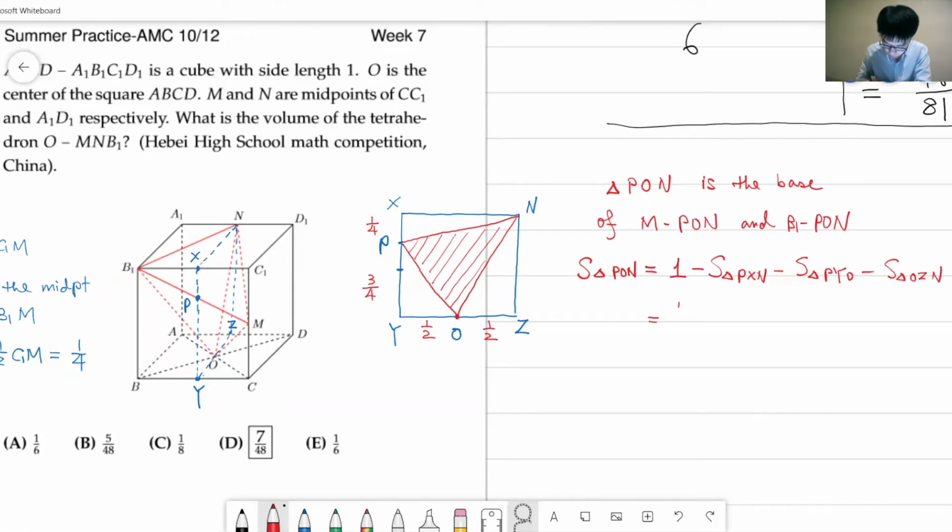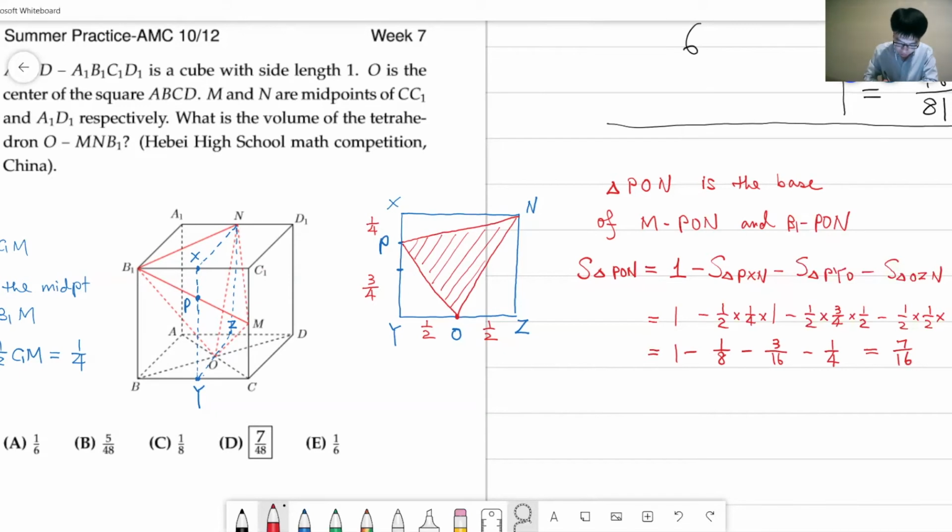PXN's area is 1/2 times 1/4 times 1, PYO is 1/2 times 3/4 times 1/2, and OZN is 1/2 times 1/2 times 1. So this is 1 minus 1/8 minus 3/16 minus 1/4. So the area is 7/16.